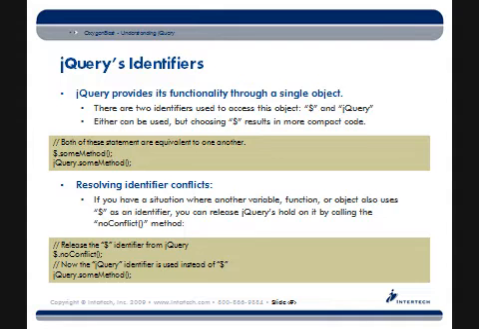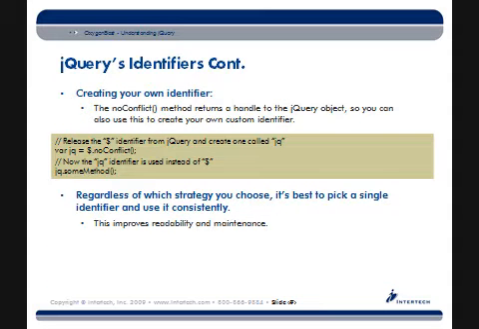But sometimes even that's not good enough, and you want to have your own identifier to be used for all of your jQuery calls. In that case, you should note that the noConflict method will return a handle to the jQuery object. So if I do something like var jq = $.noConflict(), it's going to release the $ identifier from jQuery, and now I can start to refer to the jQuery code through the jq identifier I put right here. So here you see I now use the jq.sum method.